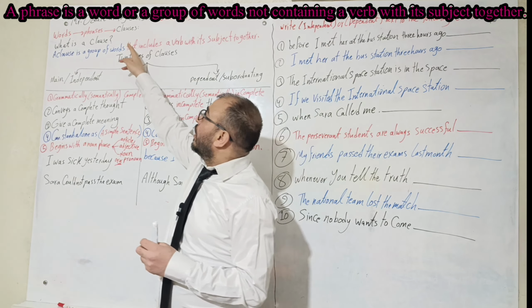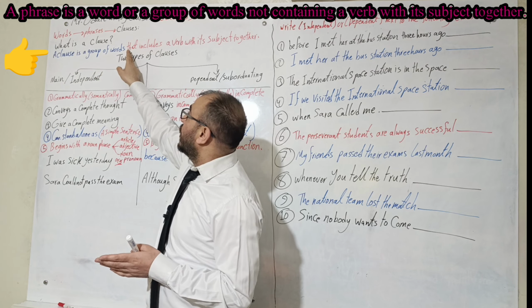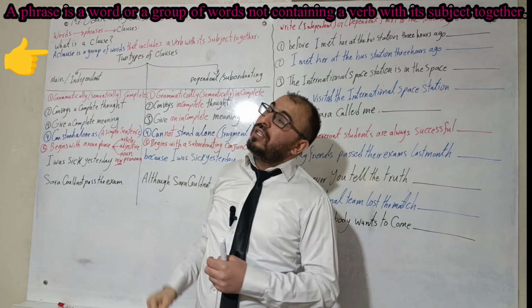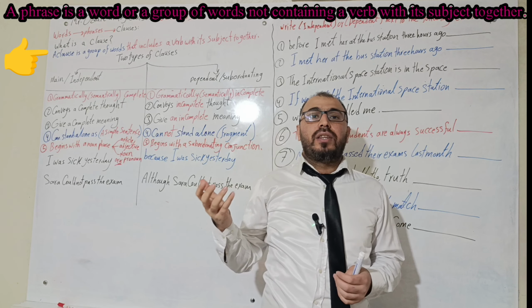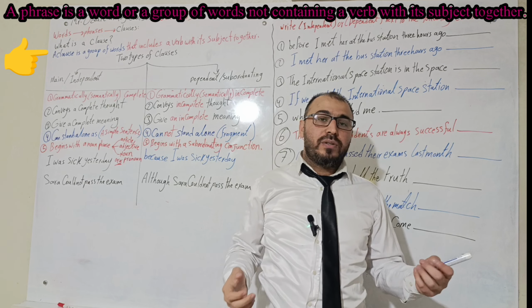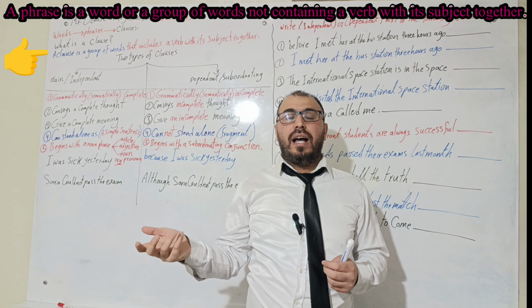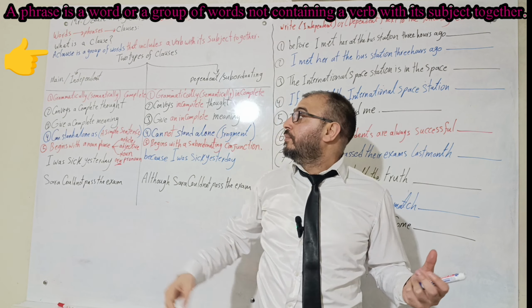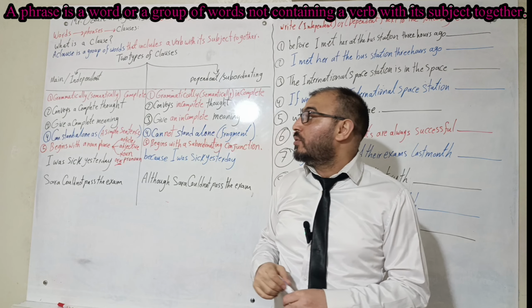Today, a clause is a group of words that includes a verb with its subject together. So to compare phrases and clauses, a phrase can contain either the subject or the verb, while the clause contains both of them together.